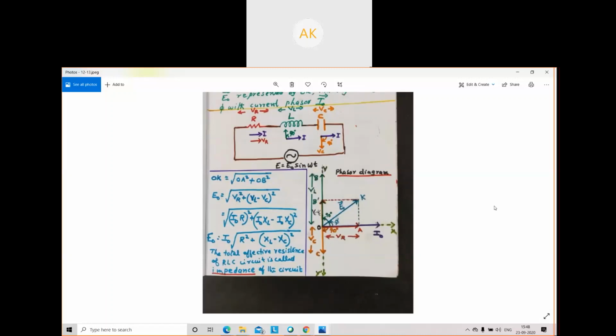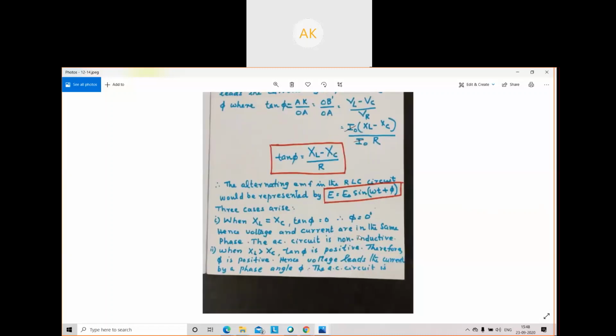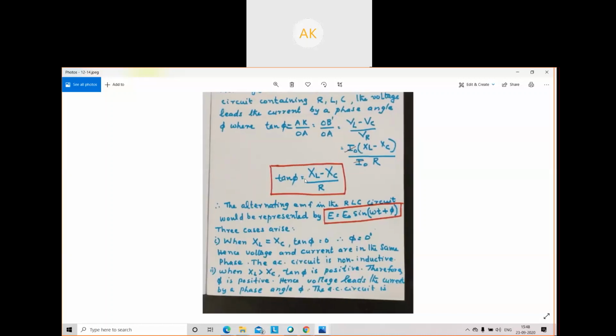VL equals I0 XL and VC equals I0 XC, so I0 is taken as a common factor: I0 into (XL minus XC) by I0 into R. I0 gets cancelled and we get tan phi equal to (XL minus XC) by R. So we got the magnitude and direction of the EMF.